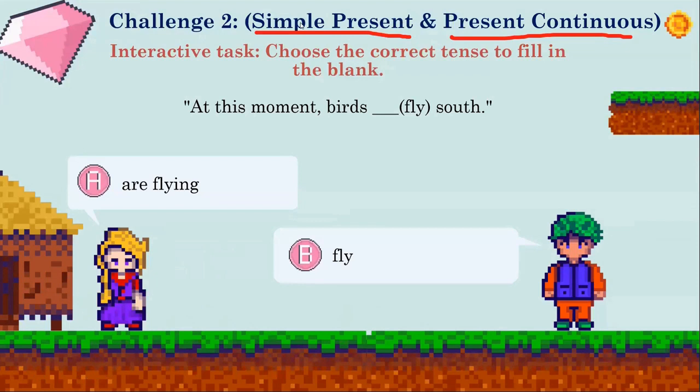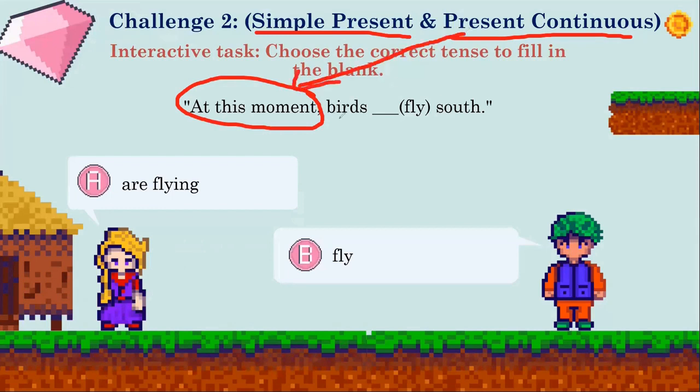5, 4, 3, 2, 1. Okay, so let's check. For this sentence, we will focus on the signal words, at this moment, right? This will guide you to your answer because it refers to the present continuous tense.